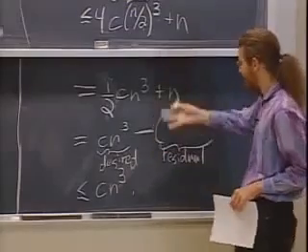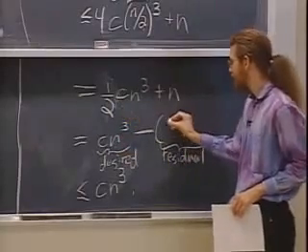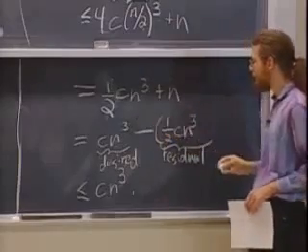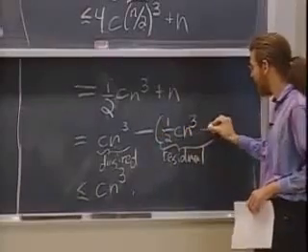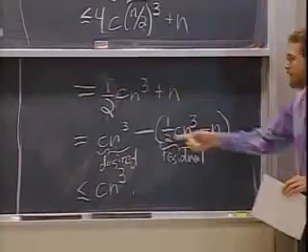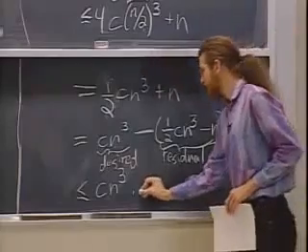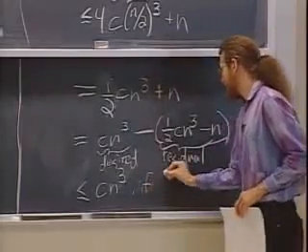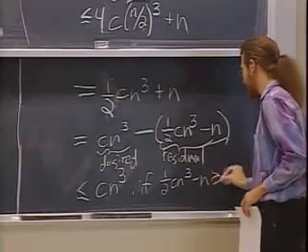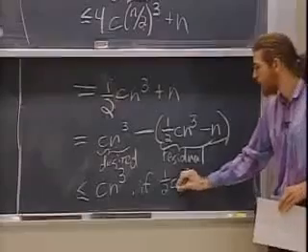So now I have to actually figure this out. We have c n cubed, but only half c n cubed here, so I need to subtract off half c n cubed to get that lead term correct. And then I have plus n, and there's a minus here, so it's minus n. OK, and that's the residual. In order for this to be at most this, I need that the residual is non-negative. So this is if the residual part is greater than or equal to 0, which is pretty easy to do because here I have control over c.